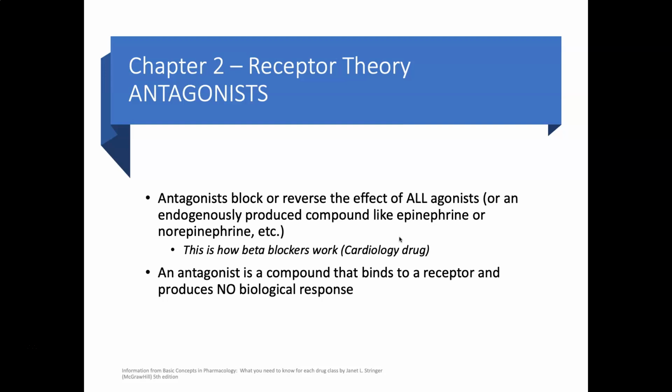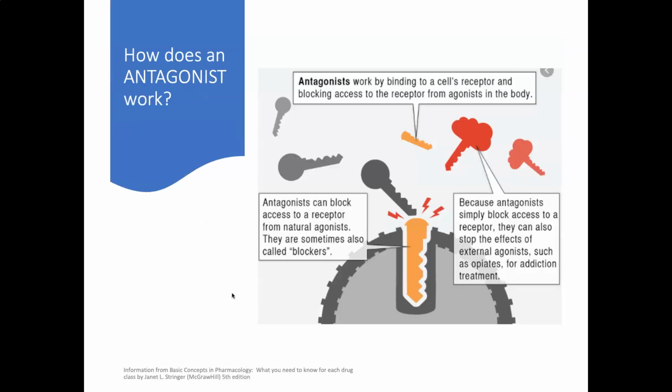So an antagonist is a compound that binds to a receptor and produces no biological response. Remember, agonists bind and they produce a biological response, but antagonists, they just plain block it. They're like that stick in the doorknob. You can't get anything else in, and you can't get the doorknob to turn or the door to open. It's just slammed into place, and it stops anything else from happening.